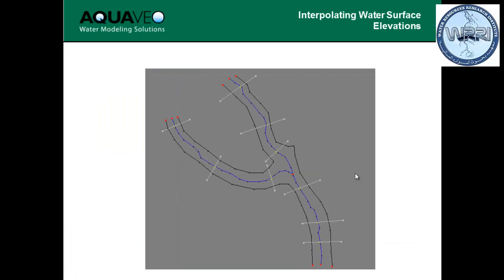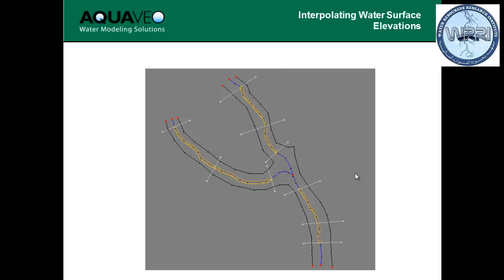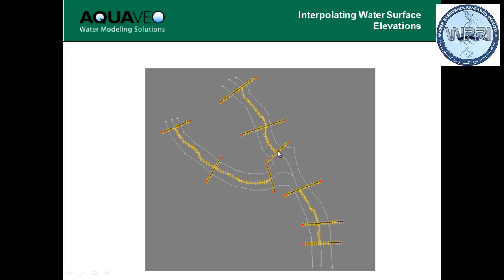After I read my solution, if I want to delineate my floodplain, it's a good idea to increase the number of water surface elevation points. I can do that by using some tools in WMS that interpolate water surface elevation points. There's a tool that creates additional water surface elevation points along my stream center line and also along my cross sections.